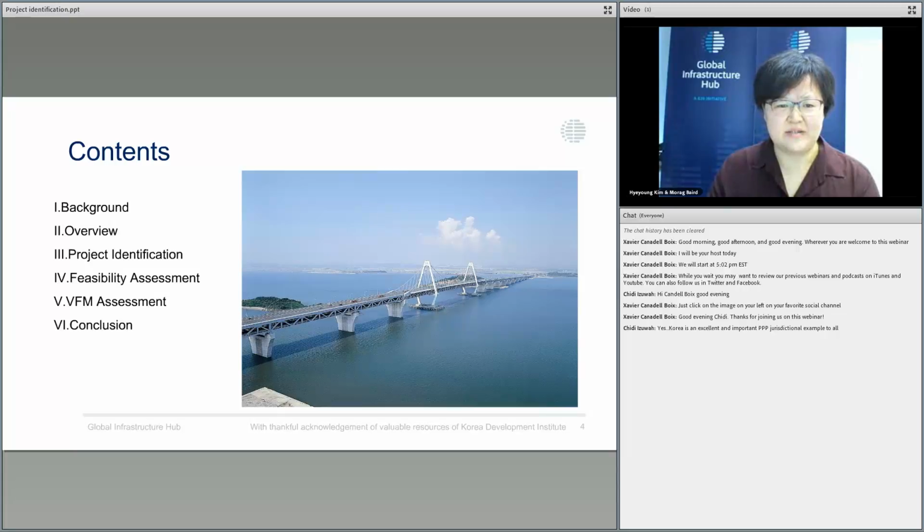This is the Incheon International Airport Expressway. This project is the first private investment PPP project right after the 1994 PPP Act enactment. I'm very delighted to share my experience in Korean PPP identification and selection scheme with you.